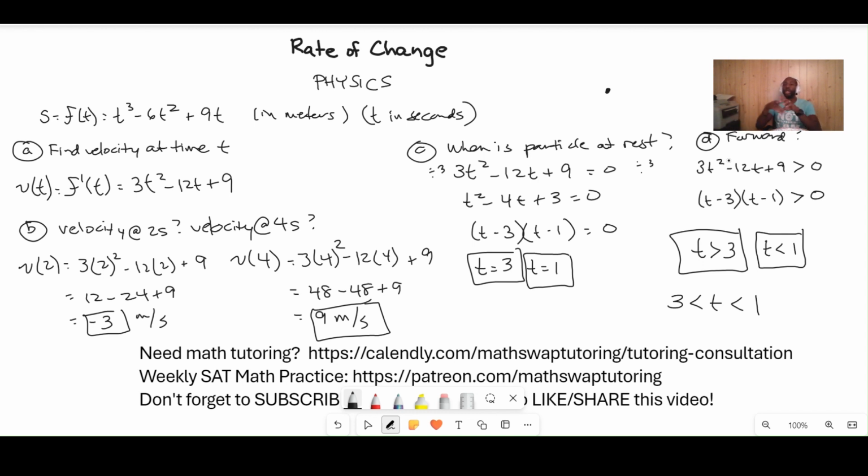You can really apply this in a lot of different ways. It gives a better measurement of the way something is changing than just doing average change, if you follow what I'm saying.